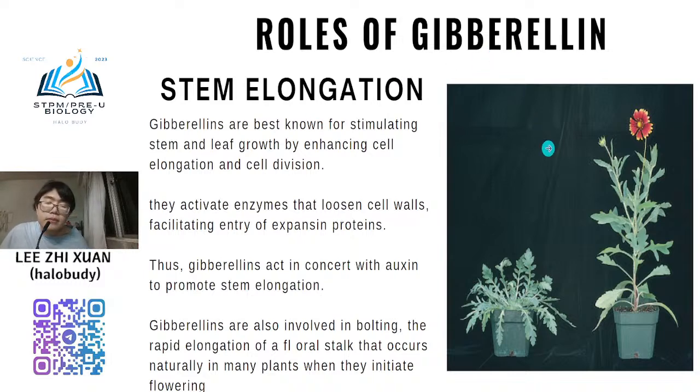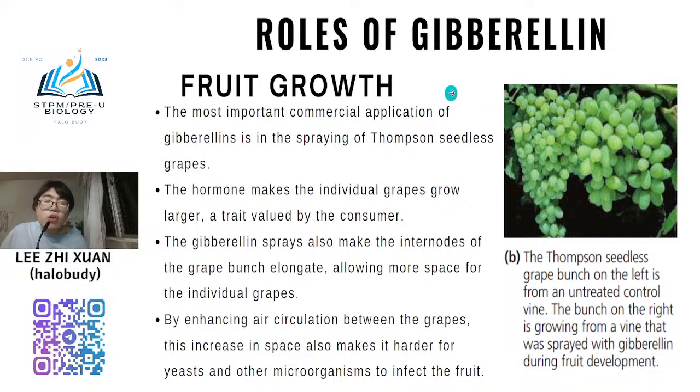Okay, and gibberellin also plays the role in fruit growth. The very special case is that not only ethylene, we know that ethylene provides the ripening of fruit, right? But gibberellin provides fruit growth. This is not the fruit ripening process, it is a fruit growth process, meaning that the fruit is already ripened, but the fruit still needs to grow. So gibberellin plays this role.